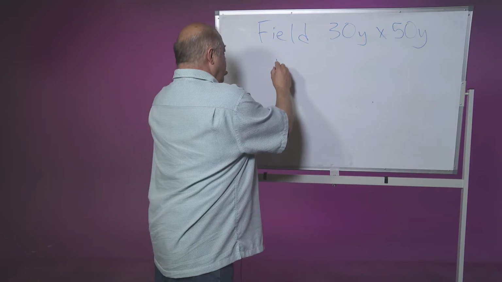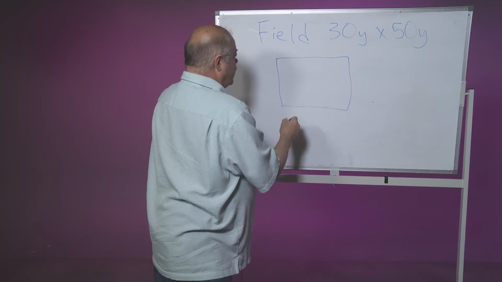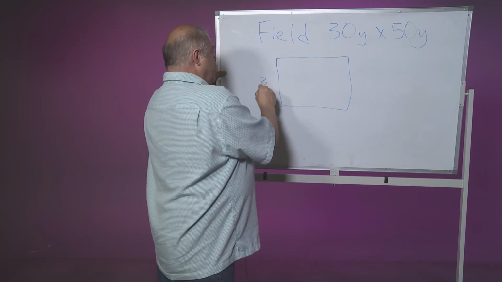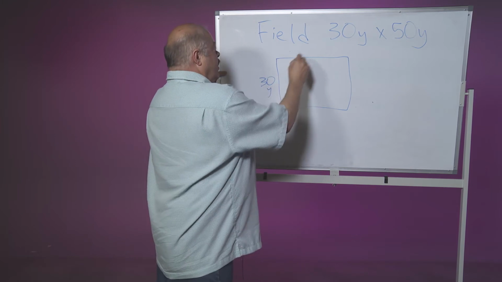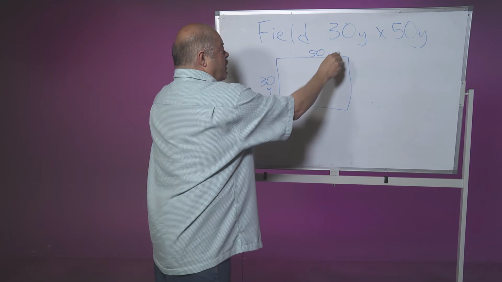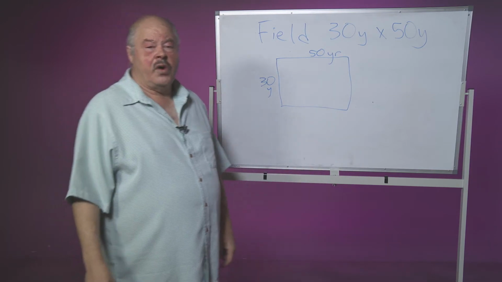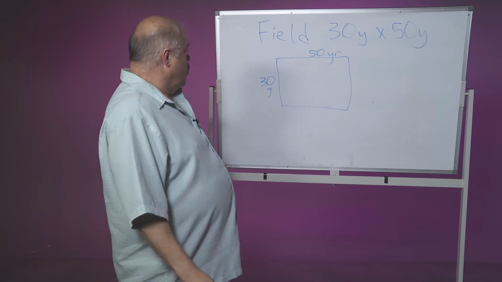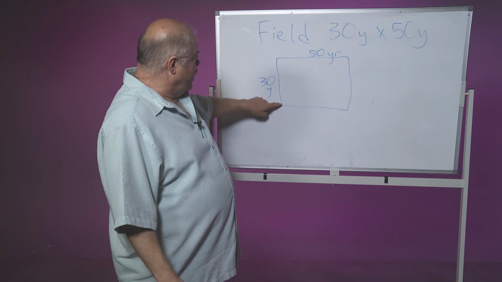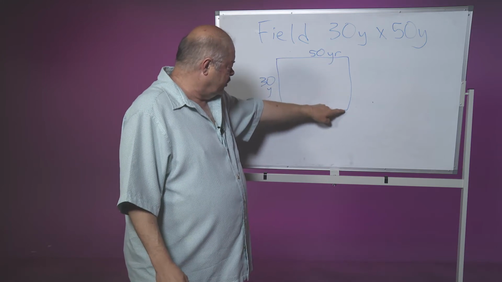So here, that's not exactly drawn to scale, but that's 30 yards wide, and let's just assume this is 50 yards long. I didn't draw that very well. And so when we're asking for the perimeter, we're asking the distance if you walked all the way around the edge.